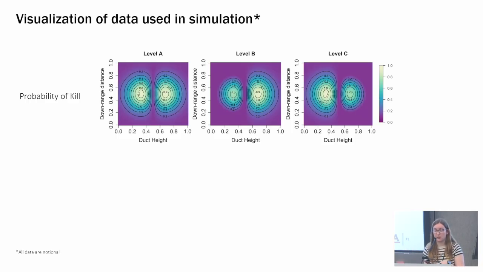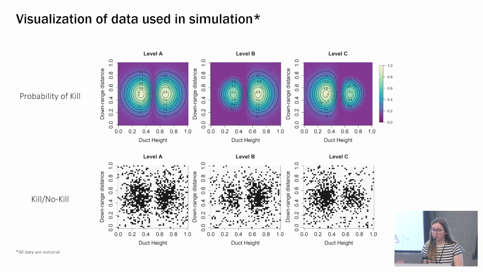The color on the screen for all of these panels corresponds to the probability of kill for the weapon for that combination of inputs. And the areas where the plot is purple are where we have a very low probability of kill, and where the plot is yellow are where we have a very high probability of kill.